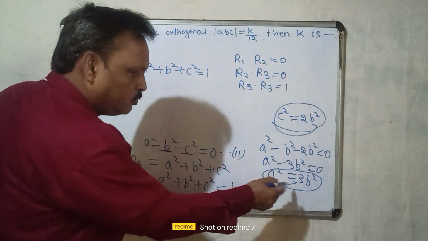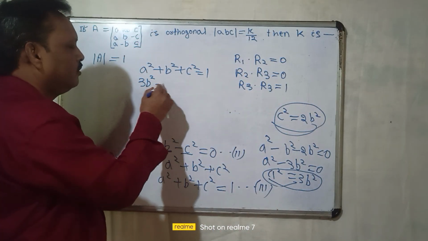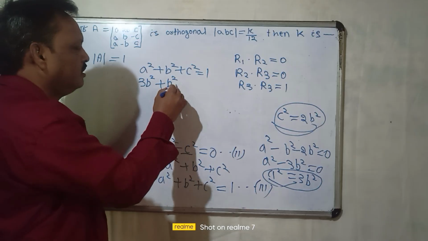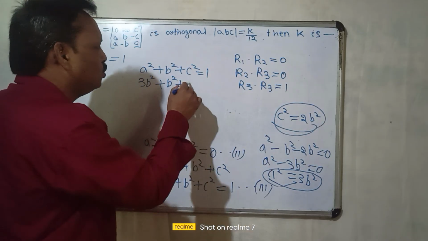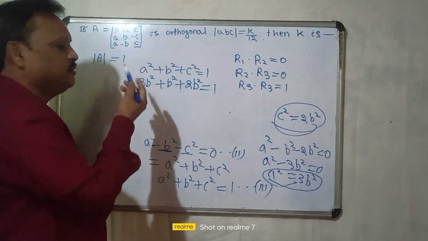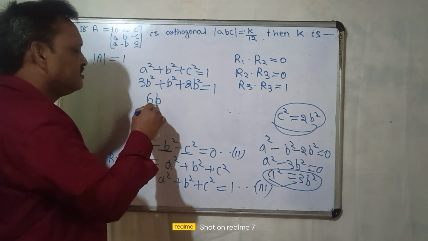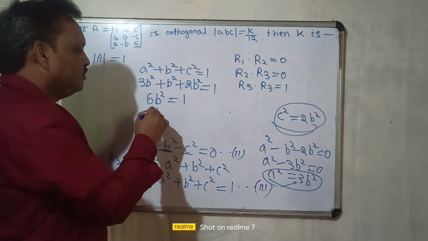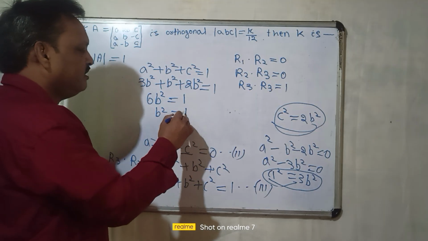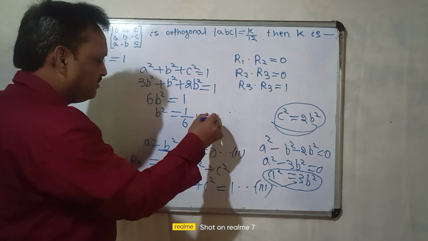A square is equal to 3b square, c square is equal to 2b square, equal to 1. Now 3b square plus b square plus 2b square, that is 6b square. 6b square is equal to 1. So b square is equal to 1 by 6.